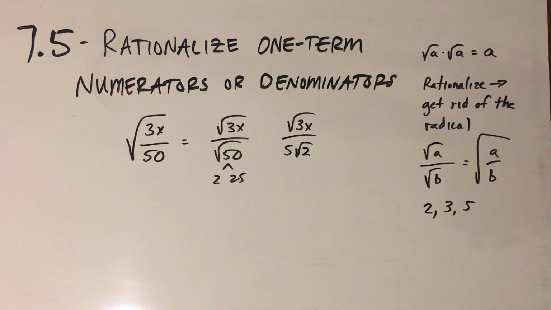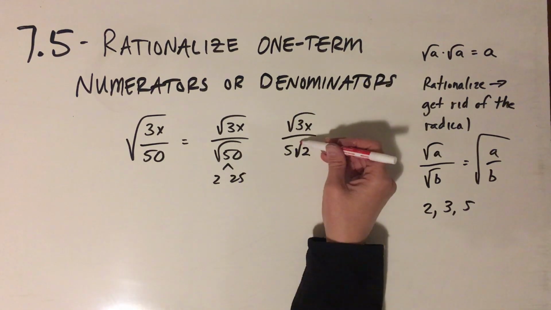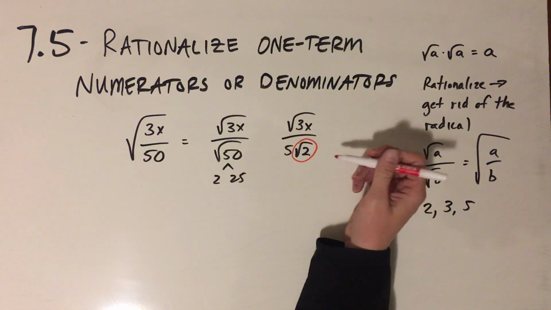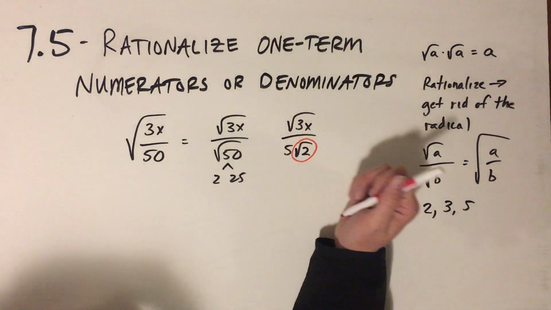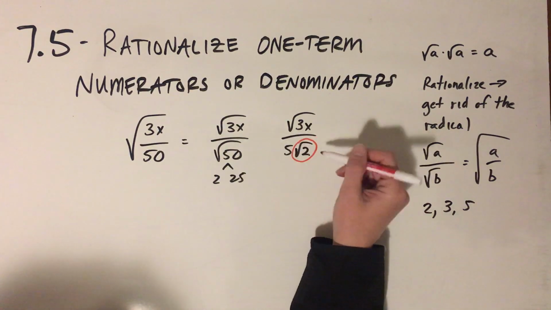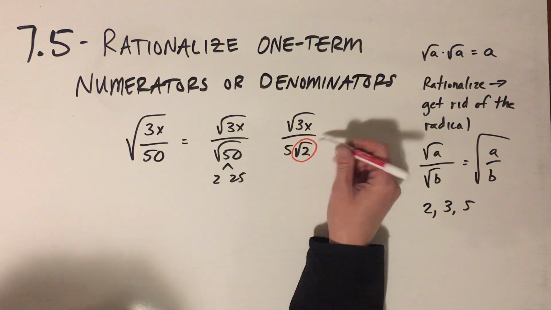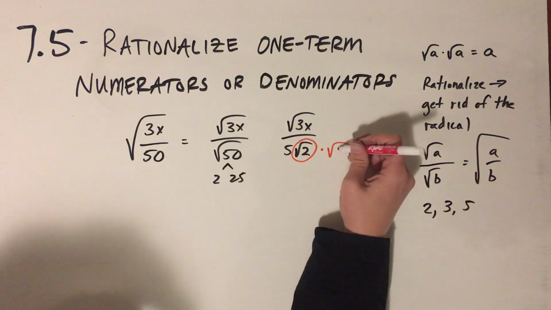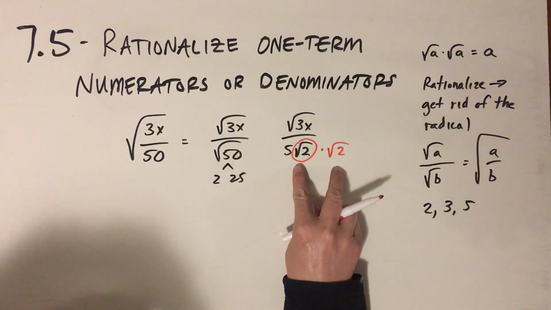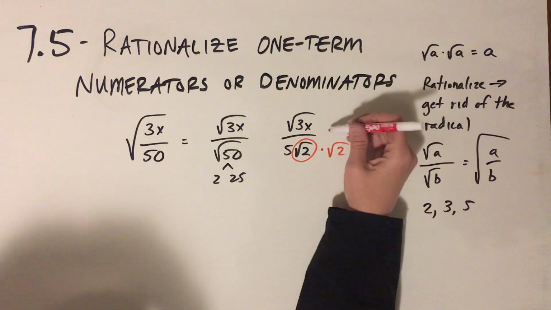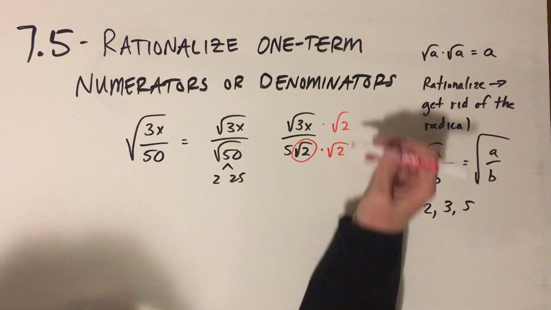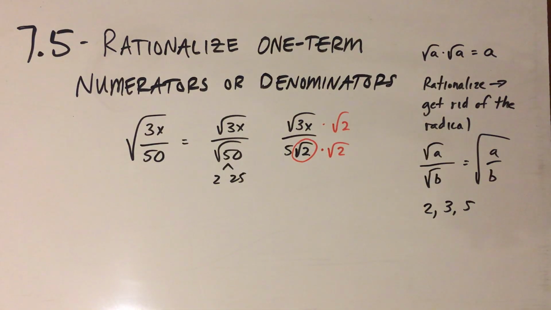Now again, my goal here is to get rid of this radical in the denominator. I only need to get rid of the radical term. I don't need to get rid of this 5. The 5 can be there. So if I want to get rid of the square root of 2, then I'm going to multiply by the square root of 2, because the square root of anything times itself is just that thing. Whatever I do to the bottom of the fraction, I have to do to the top.